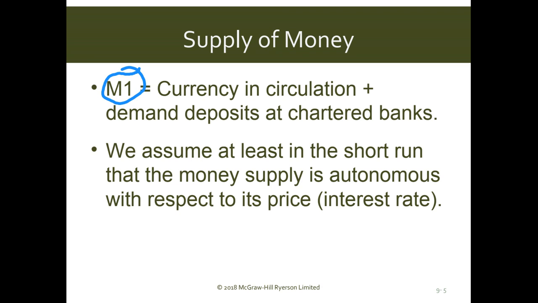We assume, at least in the short run, that the money supply is autonomous with respect to its price. I know that the Bank of Canada can increase or decrease the supply of money by changing the reserves of the commercial banks. I know this, but there's no relationship between the price of money, that is the interest rate, and money supply, at least in the short run.